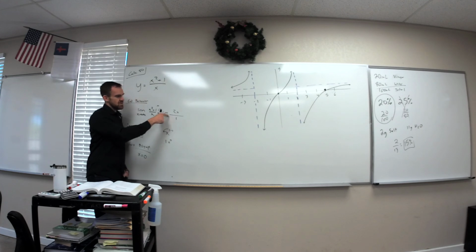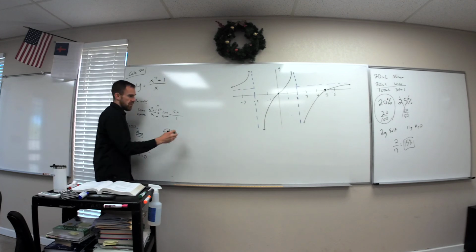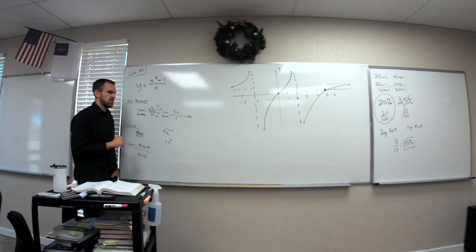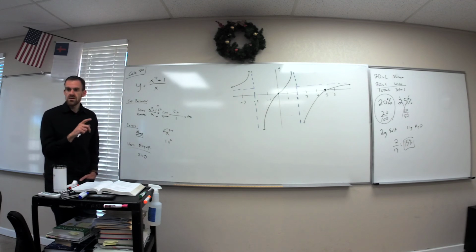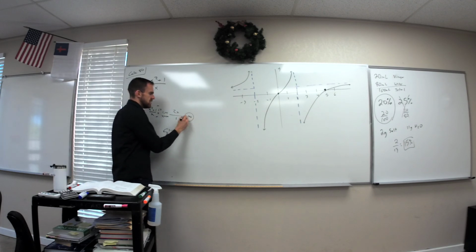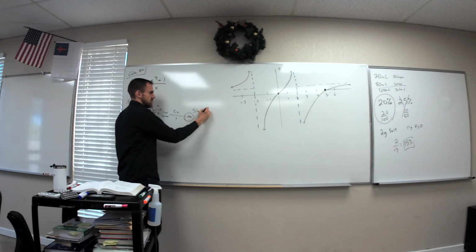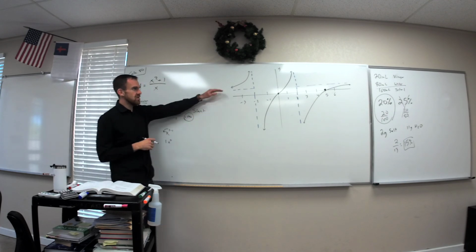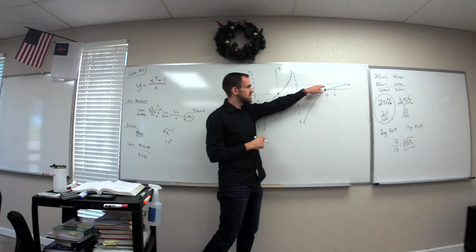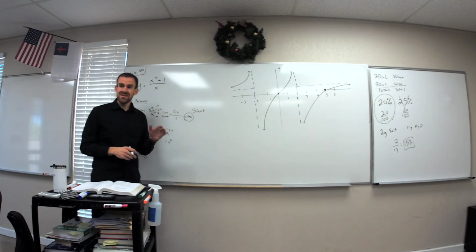What's the limit as x approaches infinity of 2x over 1? Infinity. So if you get infinity here, then you know you have a slant asymptote, which means it's not going to go to a horizontal line like this. It's going to go to a slant.